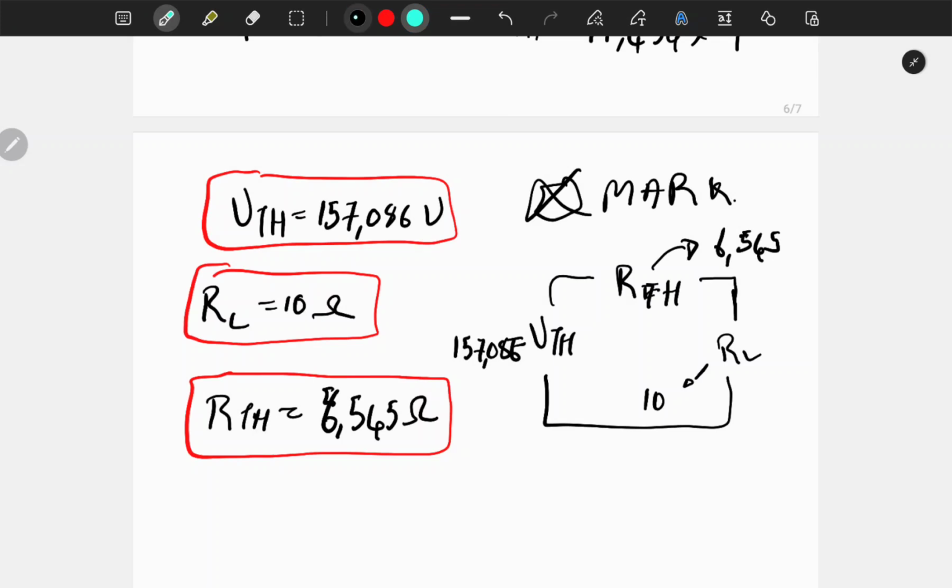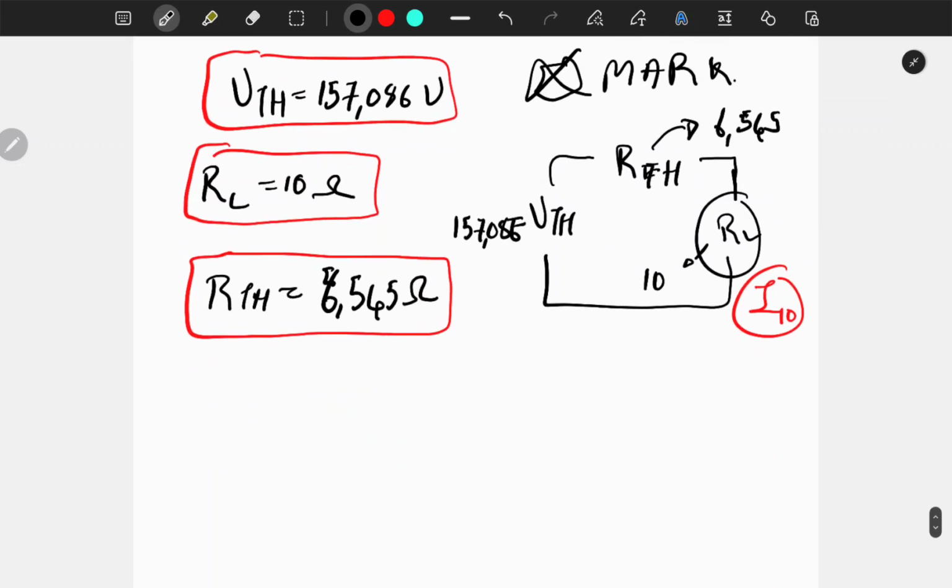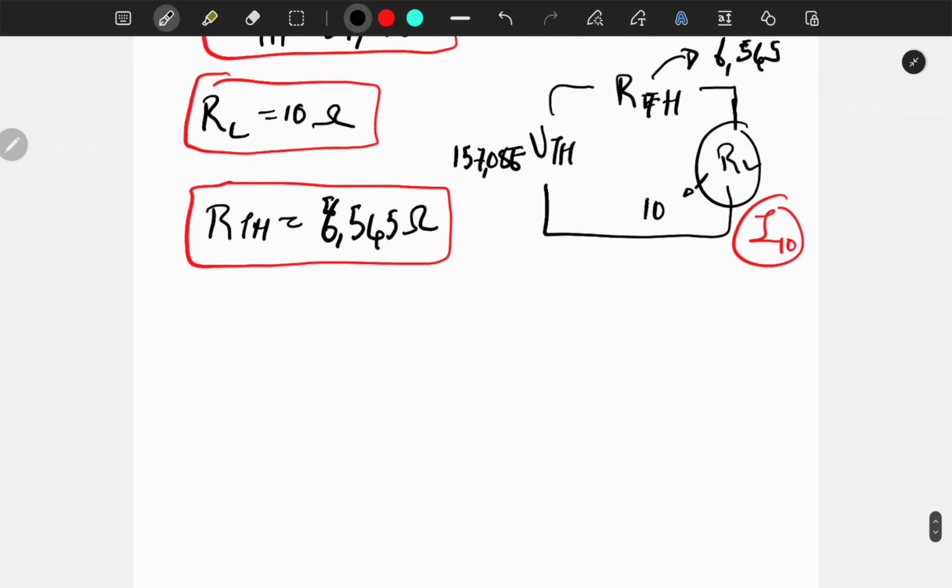so now we are trying to look for the current at 10, right? So now the current at 10, if I'm not mistaken, the current in series is equal, right? So the current at 10 is going to be the voltage over the resistor, right?